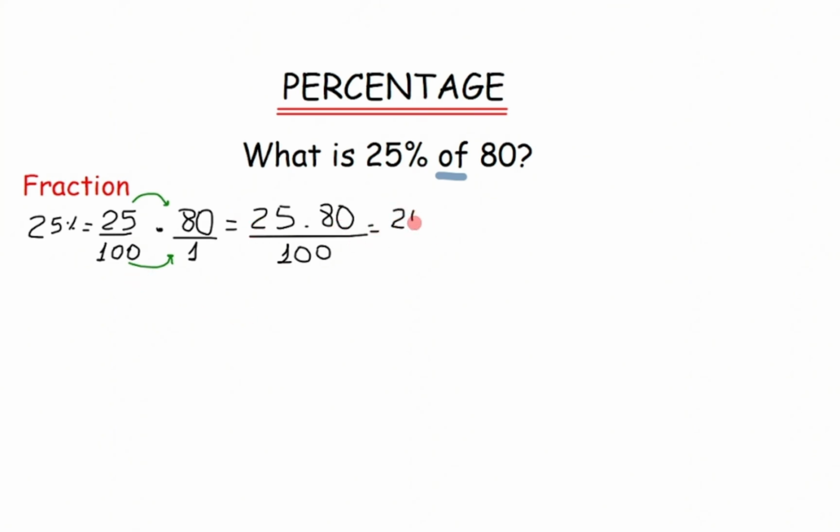This leaves us 2000 over 100. And now we have to remember something. If we have two numbers that are dividing and end in 0, we can simplify the number of zeros we have. So what will I have left here? I'll have 20 over 1. 20 divided by 1, you're still left with 20. So what that means is 25% of the number 80 is going to be equal to the number 20.